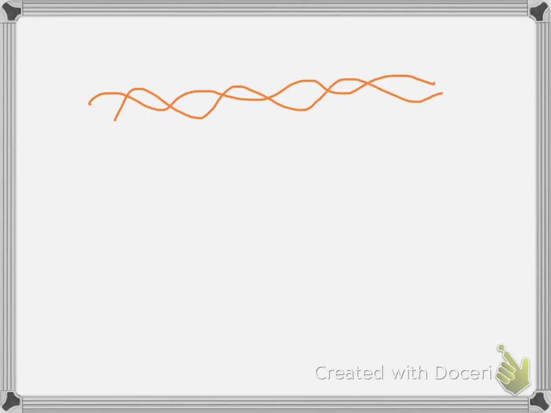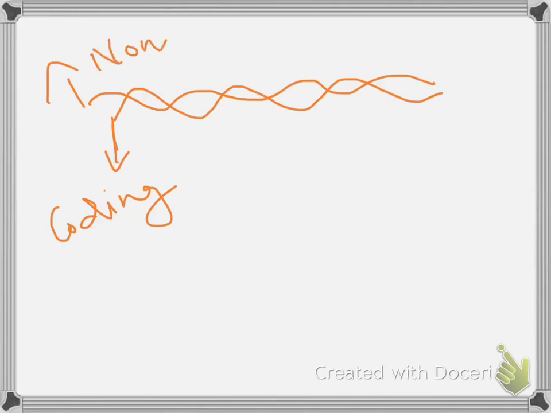Now, let us discuss the process in detail. Consider this is the DNA to be transcribed, and this DNA contains two strands. This one is the coding strand and the other one is the non-coding strand.